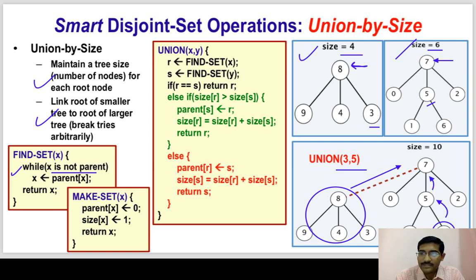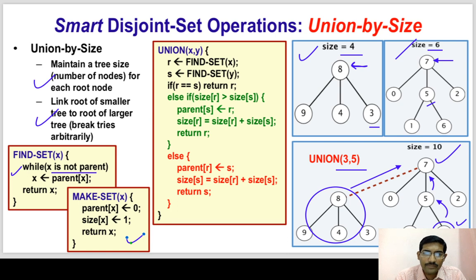Finally, if this is the parent, then I will return this as the representative element of the set where 6 belongs. How do I find that this is the parent? The parent array at this index would contain a 0 as our representation.